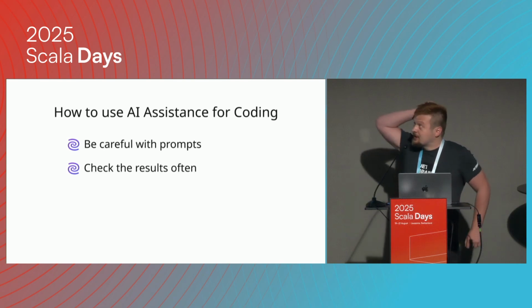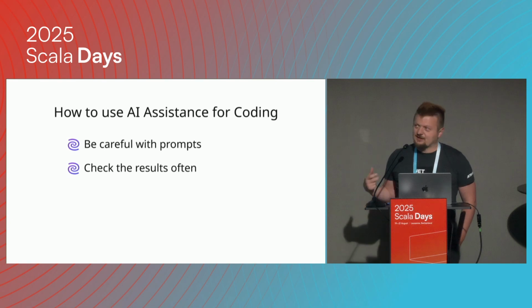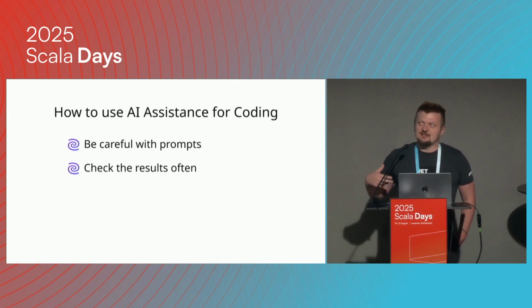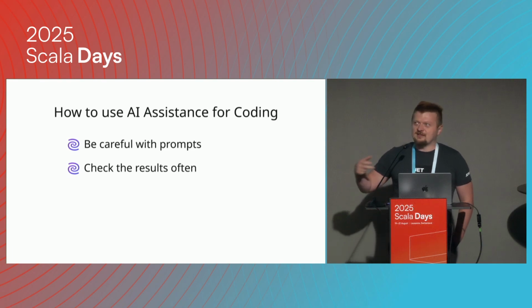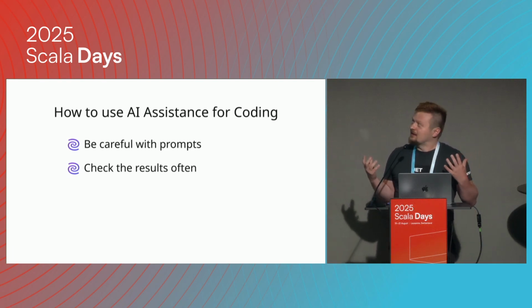And check the results often. I think all LLMs create code that is quite messy, and they are only interested in that the tests will run, that it will compile, that the run method will show something on the screen.